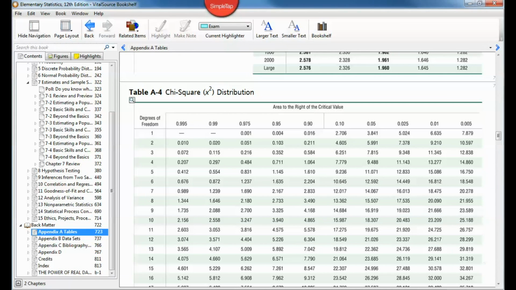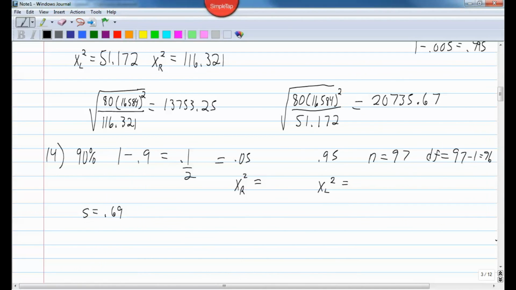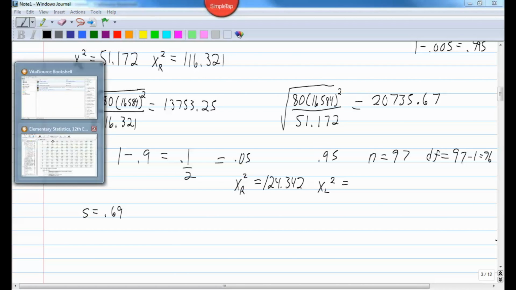Let's go to this one here. 0.05 is this column, so go down to 100. That's 124.342. So that was right, 124.342.